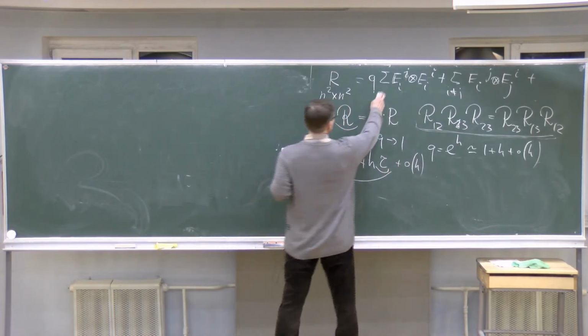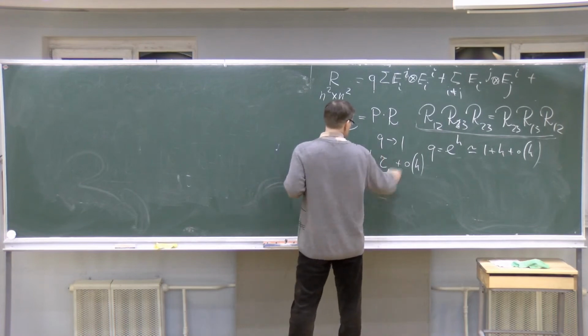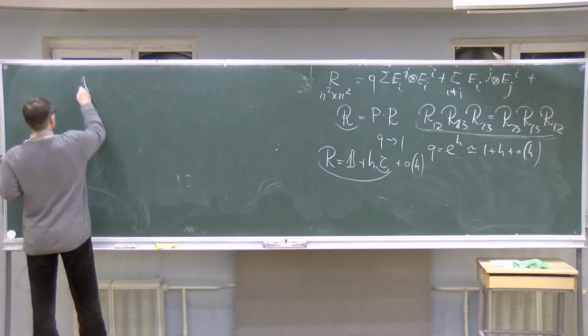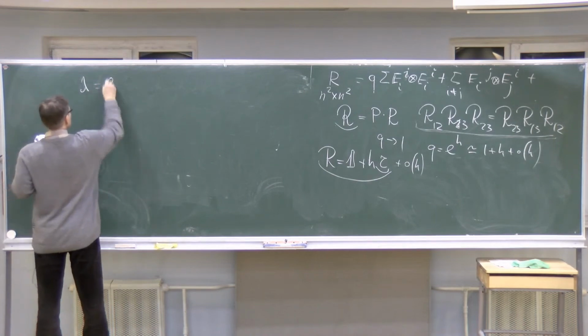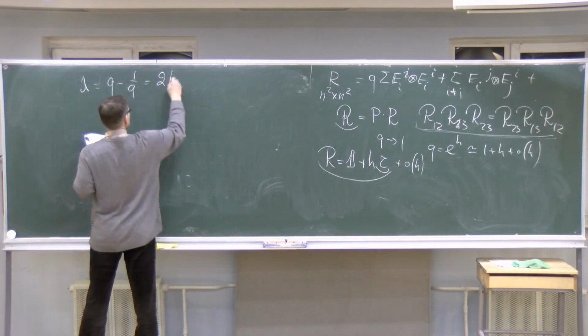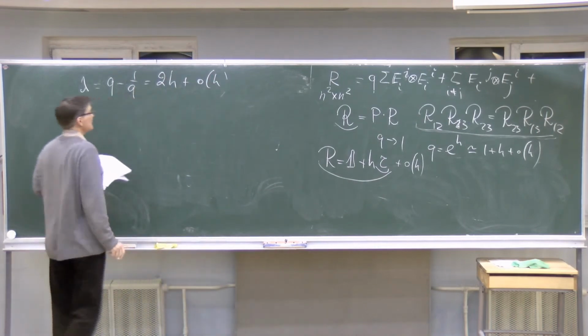So if I multiply this by pi and make such an expansion, I'll get, for example, that lambda is equal to 2h plus O of h squared.